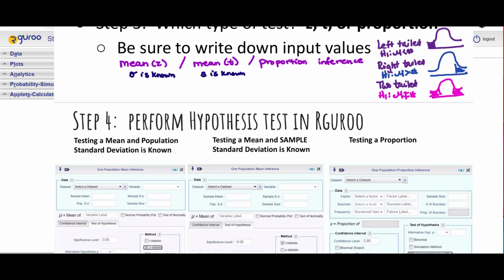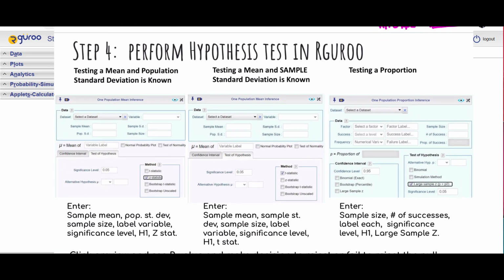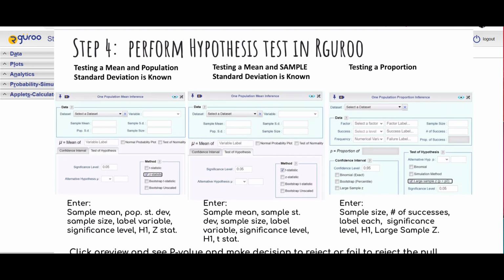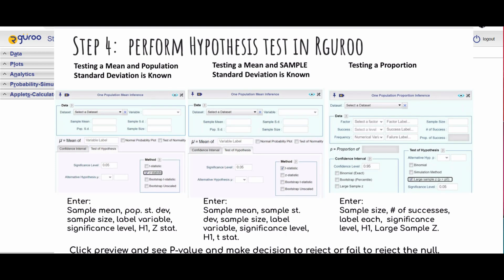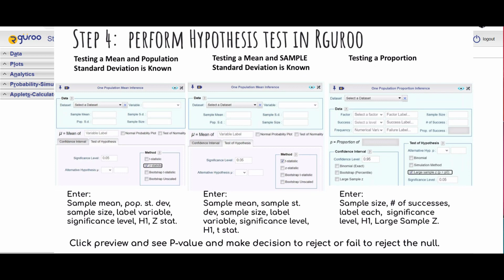Now, in step 4, you're going to enter the information into Rguroo, and I have 3 different boxes popped up with instructions underneath each one to remind you what you need to include for each of these. So if you're testing a mean and you know the population standard deviation, you choose a mean inference.